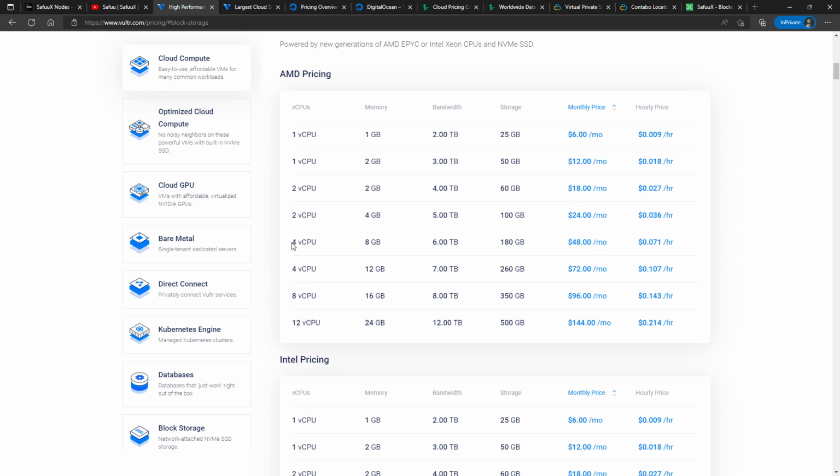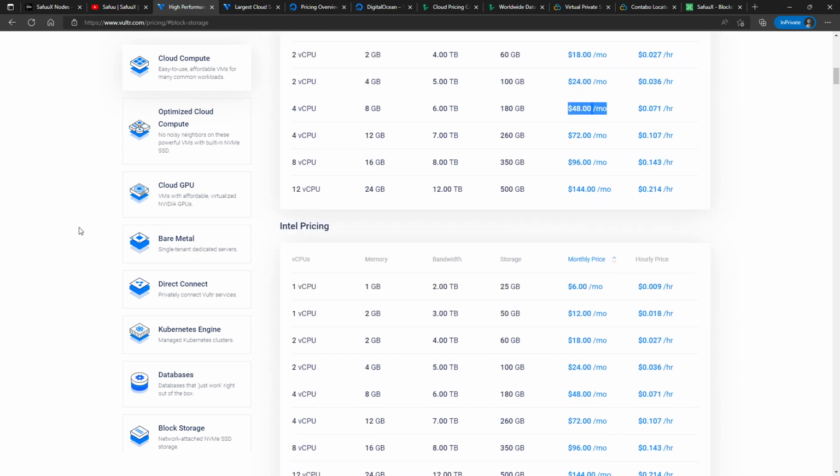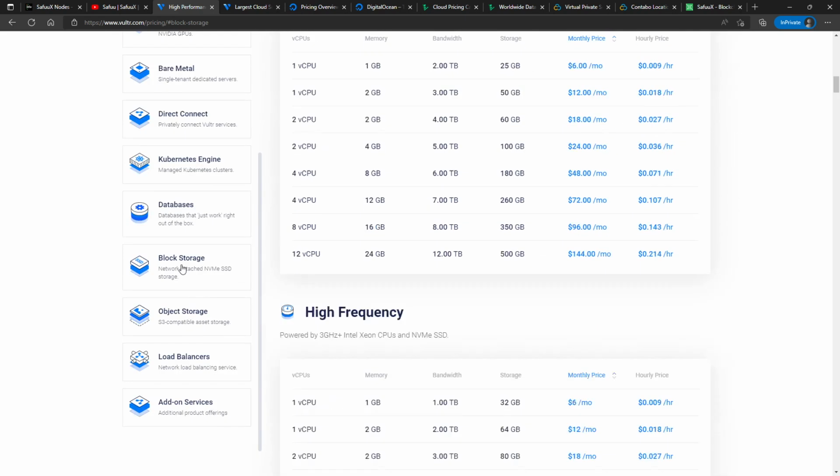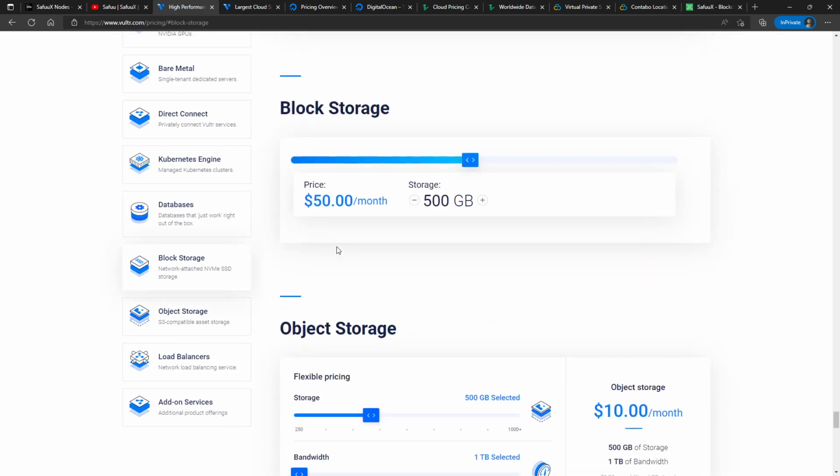If we look down here, we see our first requirement, which is 4 virtual processors, 8 gig of physical memory, but we don't have enough. We don't have a 500 gig SSD disk, but that's going to cost us $48 per month for the compute. Now we need to add some block storage, which is here, 500 gig, and that's another $50 per month.